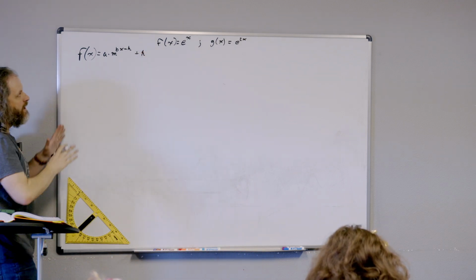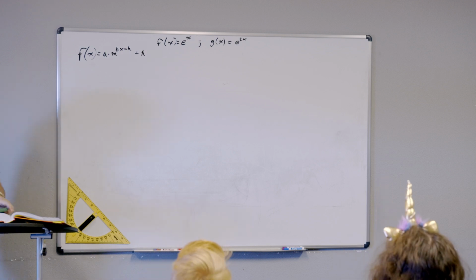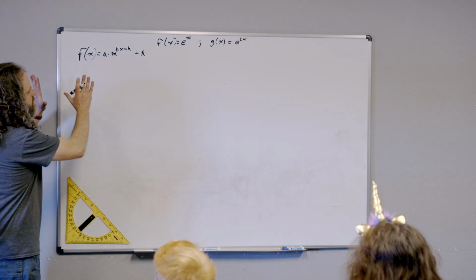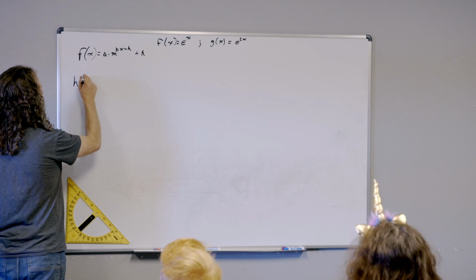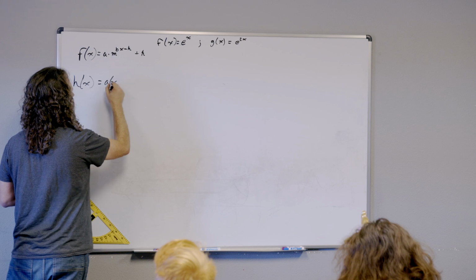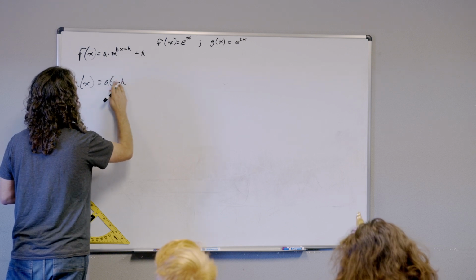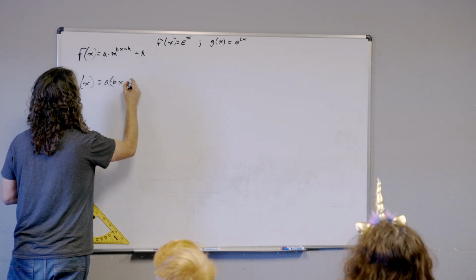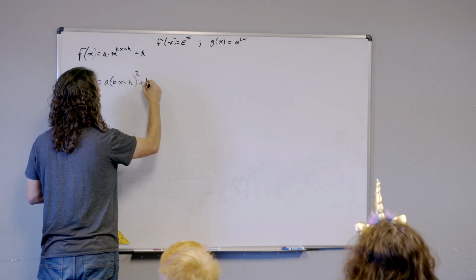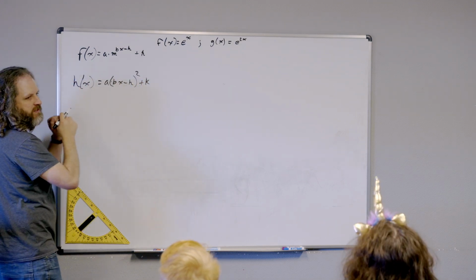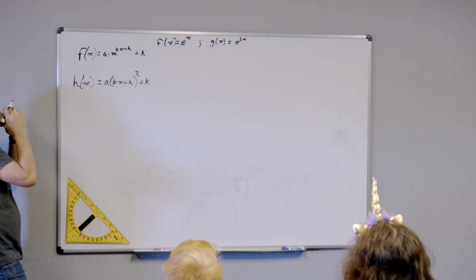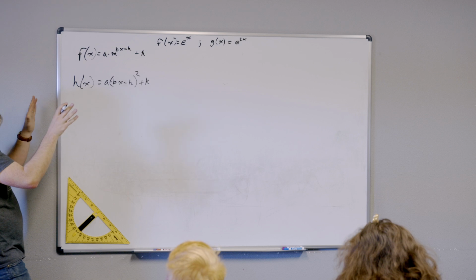This is the same transformation thing as if it was a times (bx minus h) squared plus k. It's the same if it was a square root, if it's cubic, if it's linear. It's the same if it's anything. They're all the same. These letters are the same.